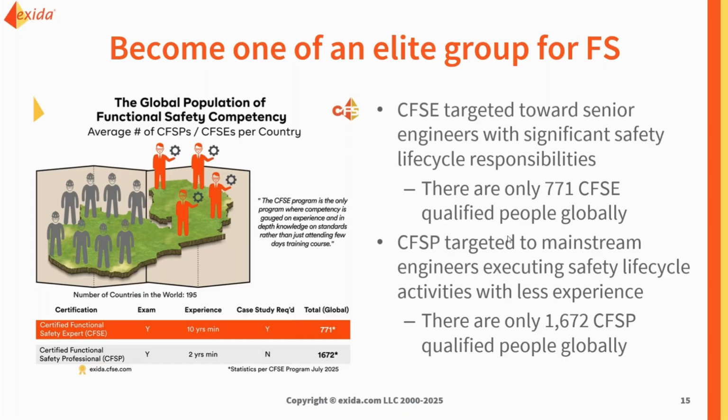And CFSE, as I mentioned earlier, is targeted towards those senior engineer responsibilities with significant life cycle involvement. CFSP would be targeted to the mainstream engineers that are doing safety life cycle activities, but with less experience. So they might be working under a CFSE or as part of a team.